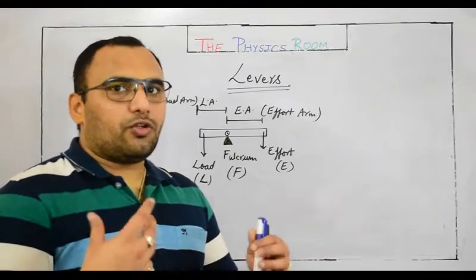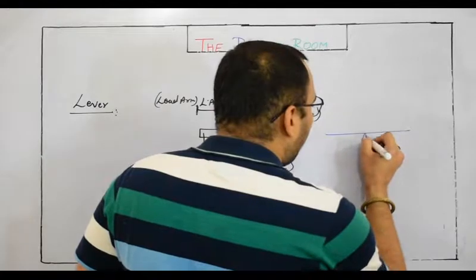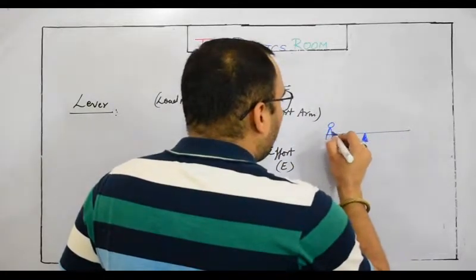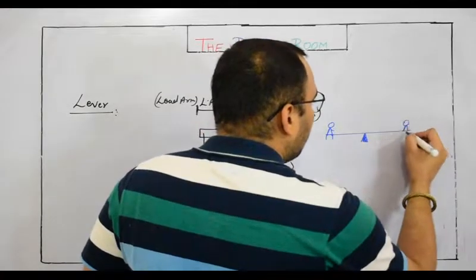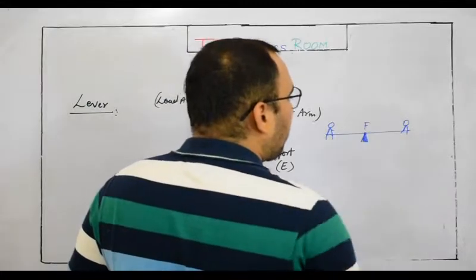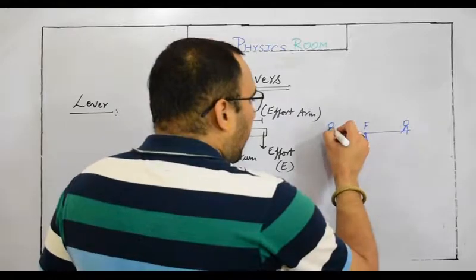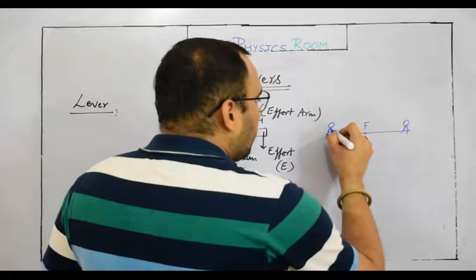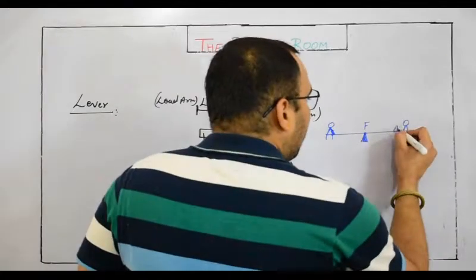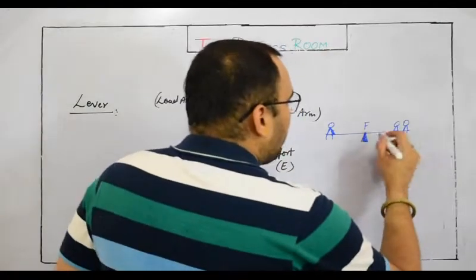To explain it more, let's take an example: a seesaw. There are two students on the seesaw. It is free to rotate about a point, and that point is called the fulcrum. If you are trying to balance a boy who is heavier than you, either you will change your position, or another lighter student will help you by sitting together with you.